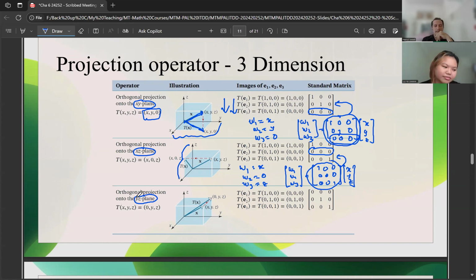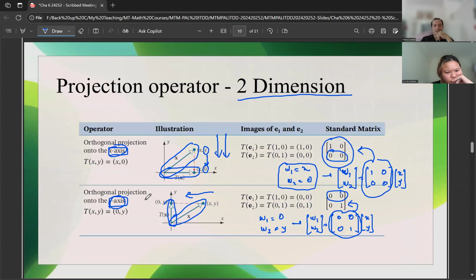In the YZ plane here, we have that the row X will be 0. This is the matrix standard of projection to the YZ plane.